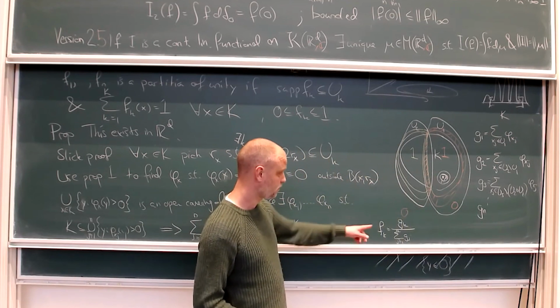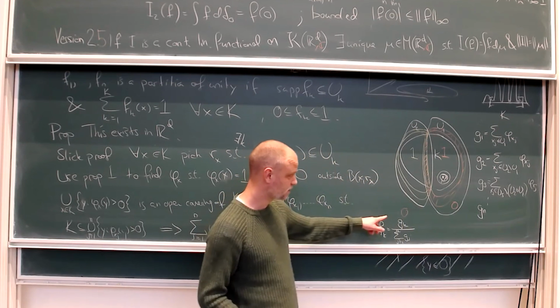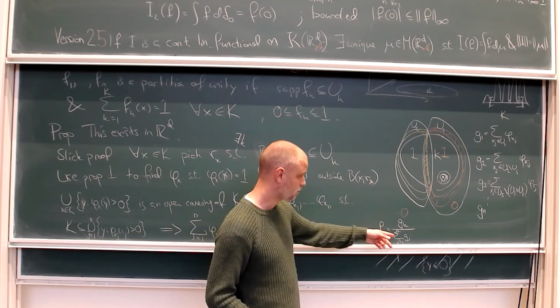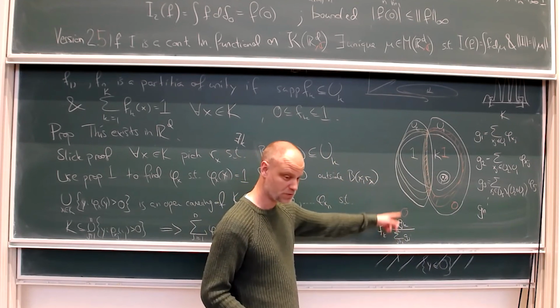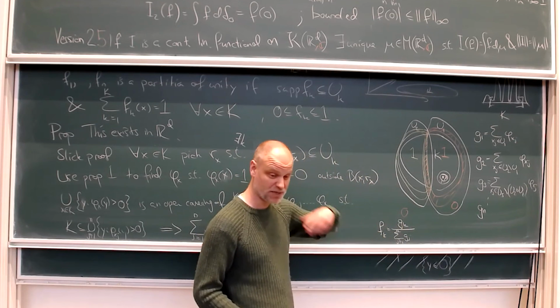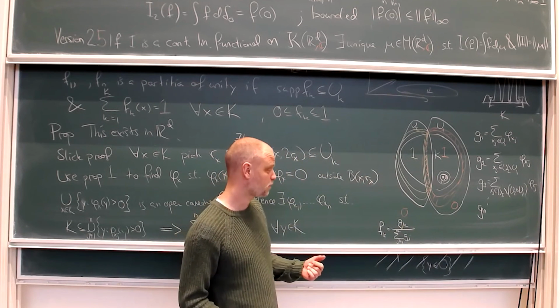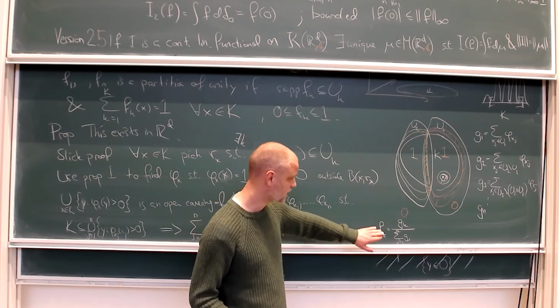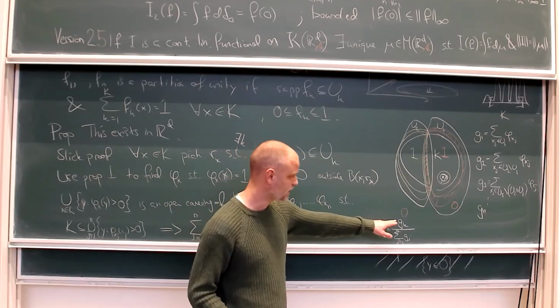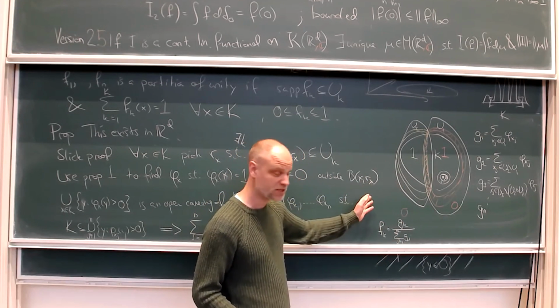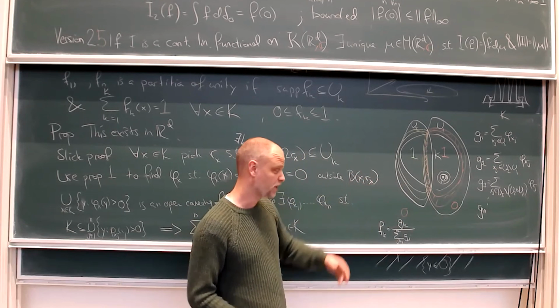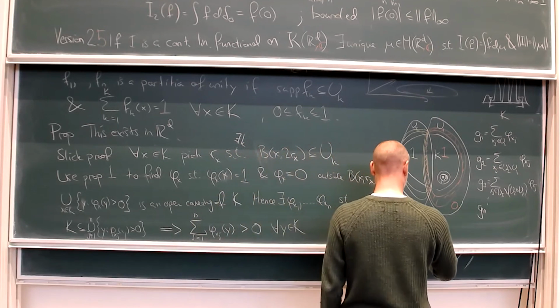Now, if we sum up all the fk's, we get the sum of all the gk's, so we get this full sum divided by itself, and the number becomes 1. Yeah, like the one from a partition of unity. The support of this guy is here. The only problem is that we can get 0 divided by 0 if we go outside of the open covering.